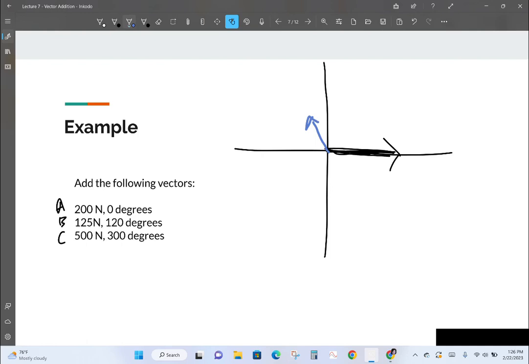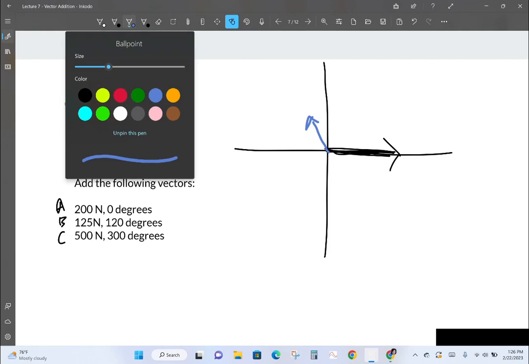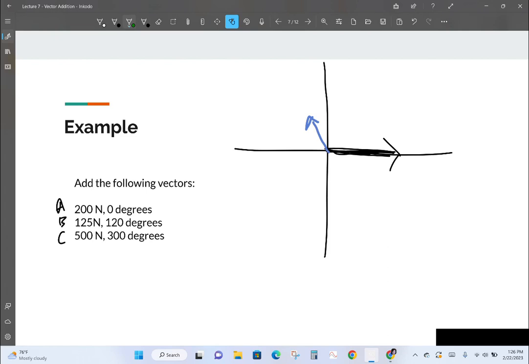And then vector C is 500 at 300 degrees. So 300 degrees would be 60 degrees below the x-axis. So let's do a different color for it. Green. So if I do that, 60 degrees below would be something like this. And it's pretty long.